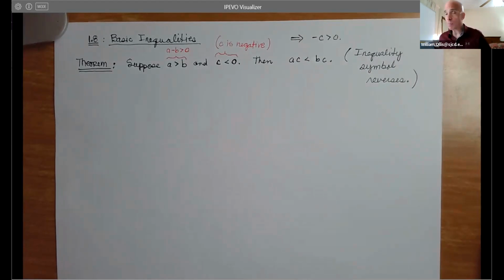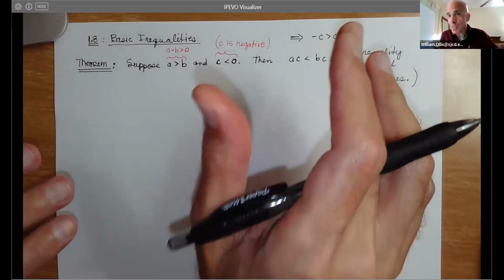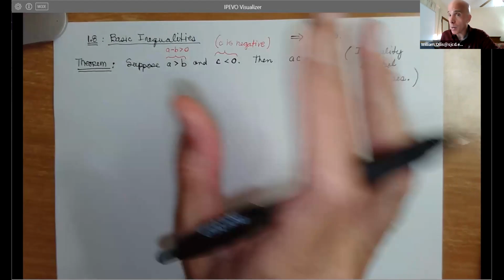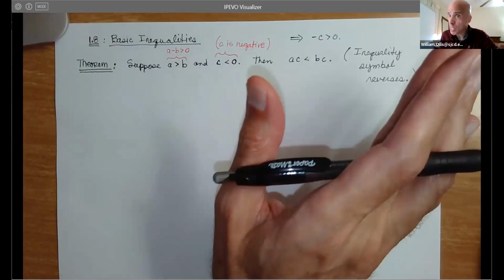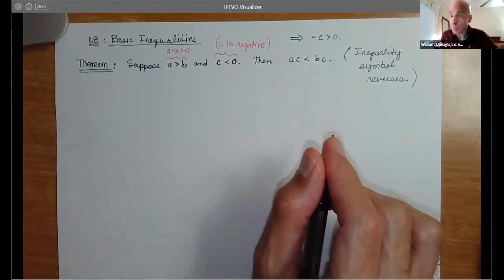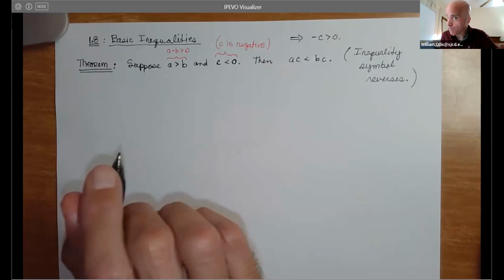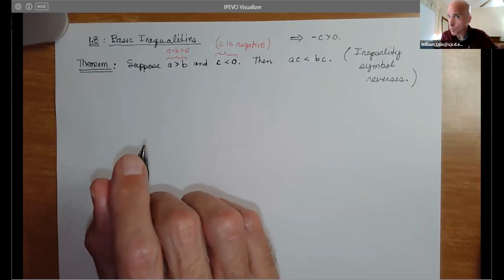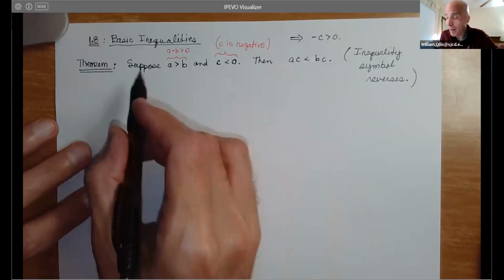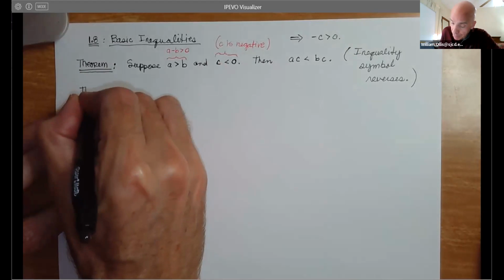We know that if we multiply a number less than 0 by a number less than 0, the result is a number greater than 0. That is a strange property of real numbers, which you learned in your college algebra class, well, actually learned in your Algebra 1 class in high school. So the real numbers are fairly strange when it comes to arithmetic, and we have to abide by that by using this result.